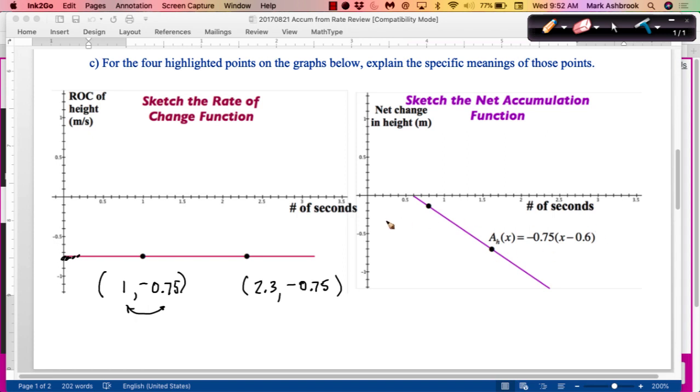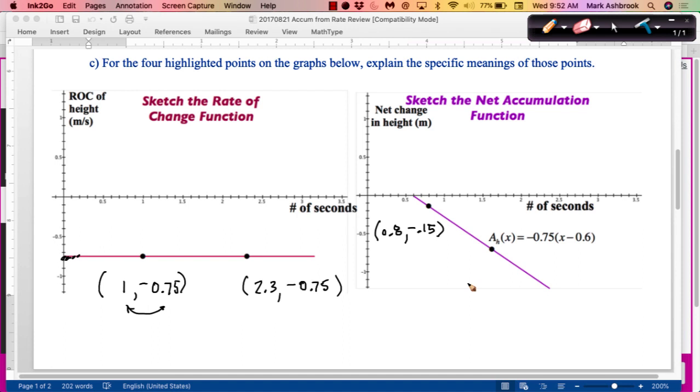So what is this point right here? It looks like 0.8. And I think if you do the math, it should be negative 0.15. Is that right? Yes.